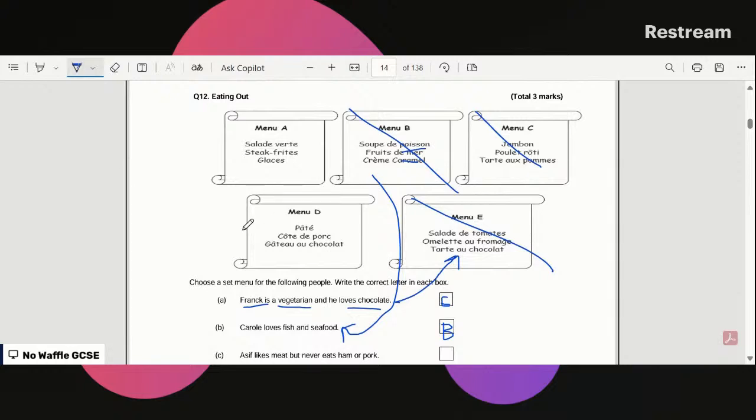Jambon is ham, and you've got pork in this menu here, so therefore the only available answer is A. Pâté is just pâté, I think, which is just meat, or dough, sorry.